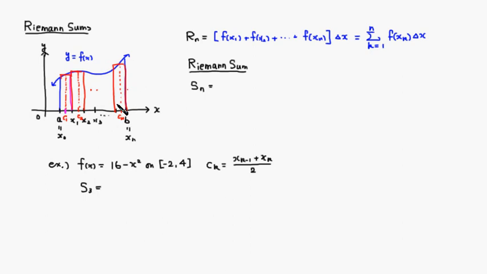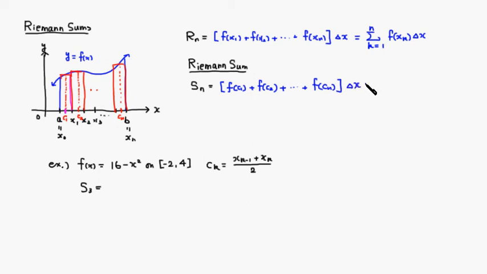All right. So the sum is going to look like this. Instead of f of x1, you're going to have f of c1. Then the next one is, of course, f of c2, and so on. And then you have f of cn, times delta x.